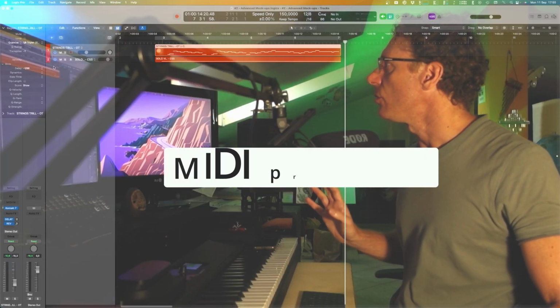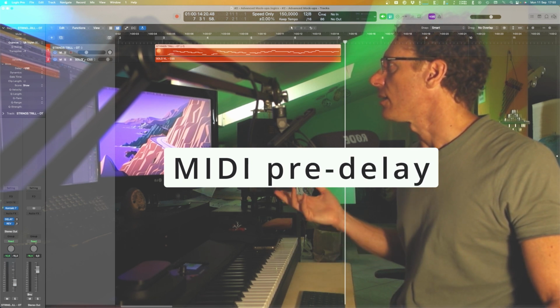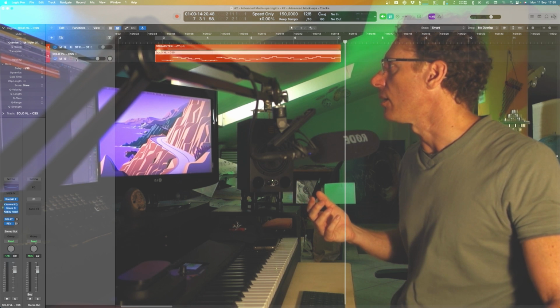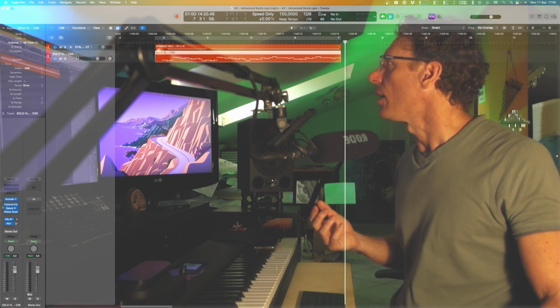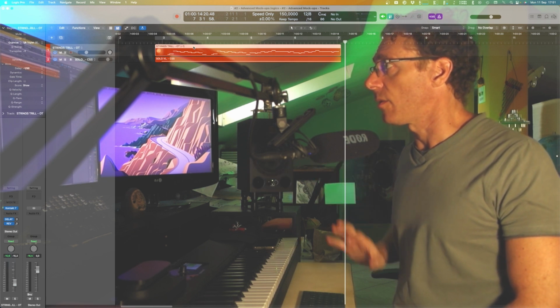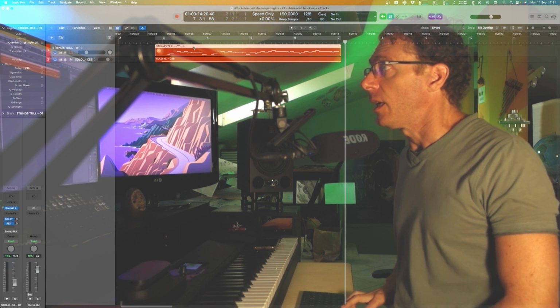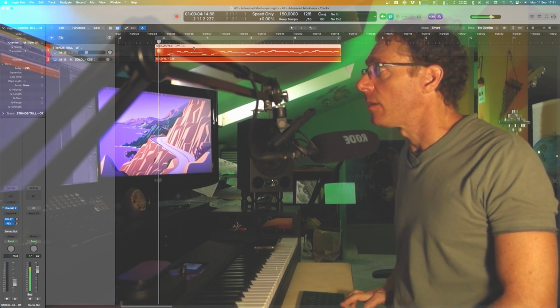Sometimes you have to tweak this pre-delay here, at least here in Logic, but you can have it anywhere in your DAW. So please take care of this parameter, because otherwise you would not follow your main tempo, your main BPM very well.